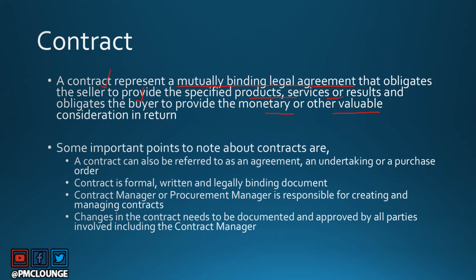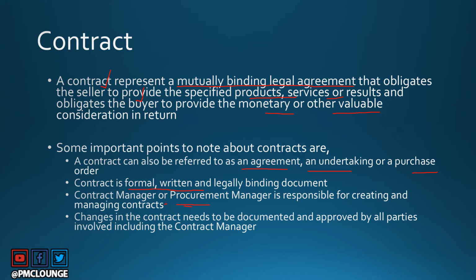There are some important points that you need to know about contracts. A contract can also be referred to as an agreement, an undertaking, or a purchase order. So in your organization, you may refer to a contract as an agreement, an undertaking, or a PO. A contract is basically a formal, written, and legally binding document. Contract managers or procurement managers are responsible for creating and managing contracts.